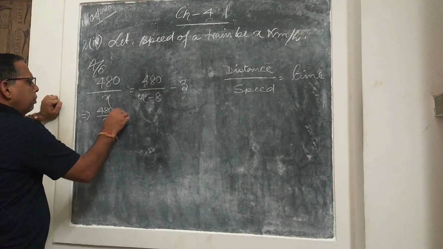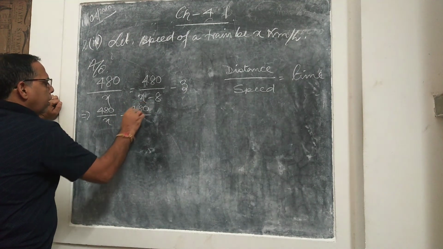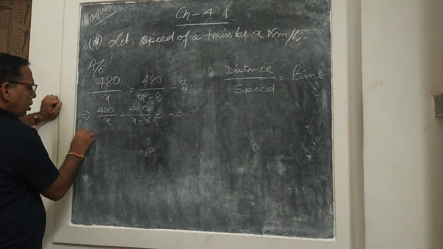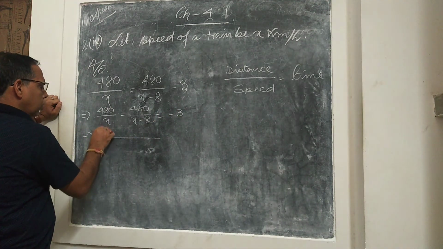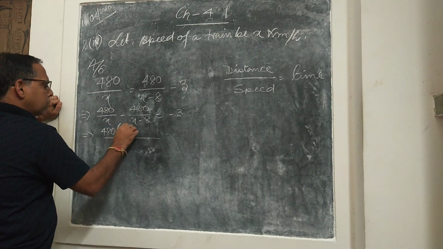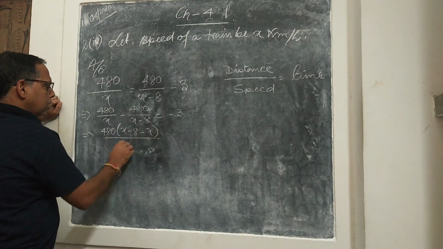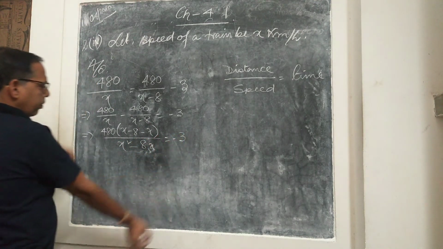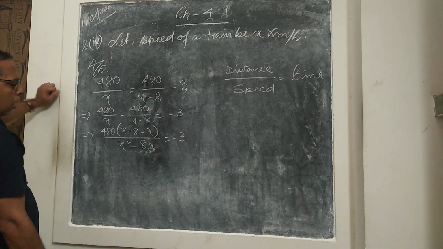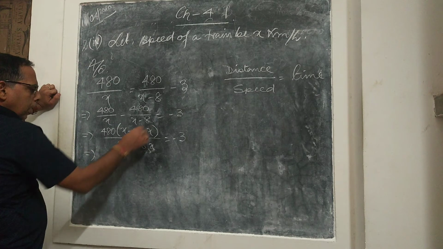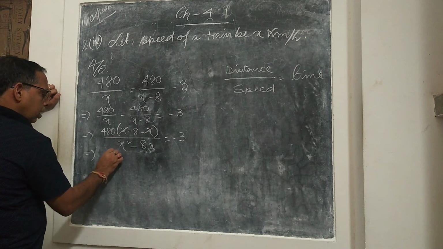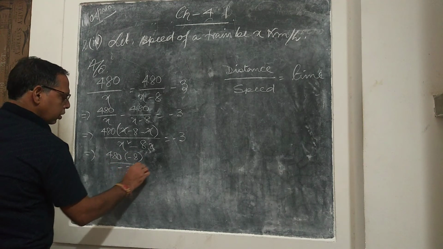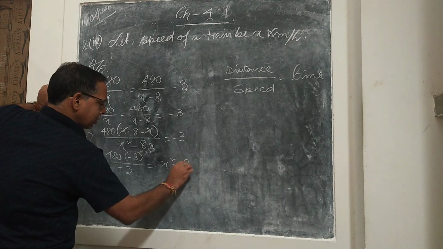480 divided by x minus 480 divided by x minus 8 equals minus 3. Then what will happen? You take 480 common, then x minus 8 minus x divided by x square minus 8x equals minus 3. Then the x cancels: 480 times minus 8 divided by minus 3 equals x square minus 8x.